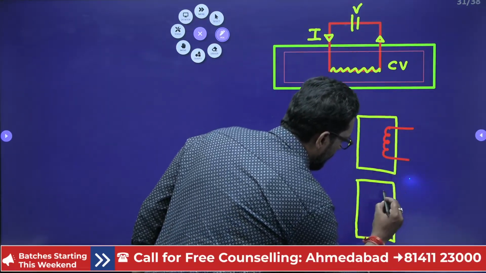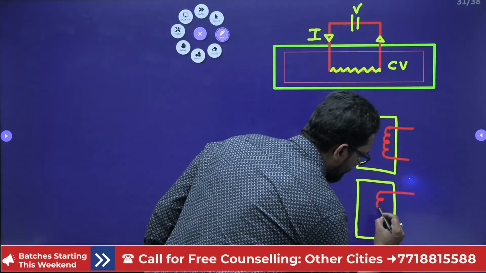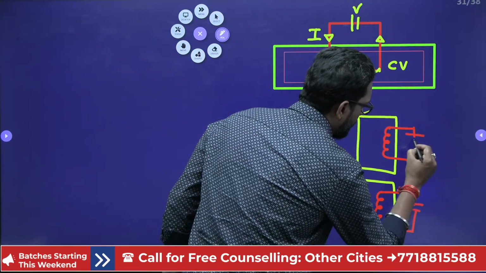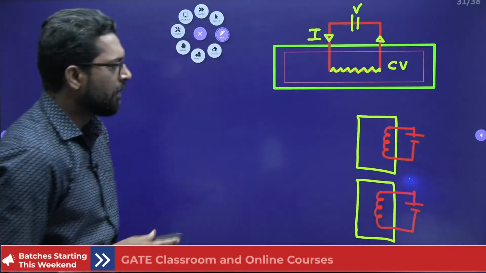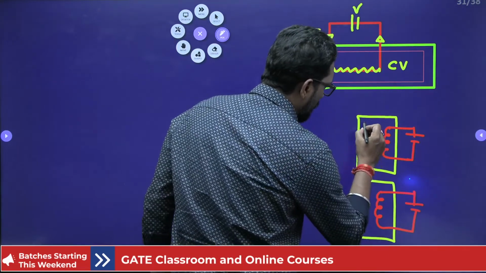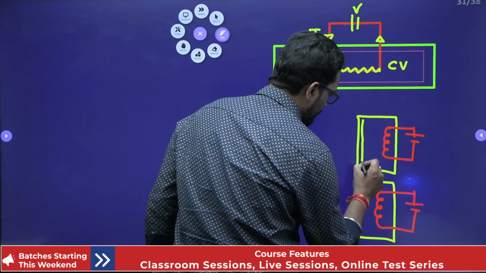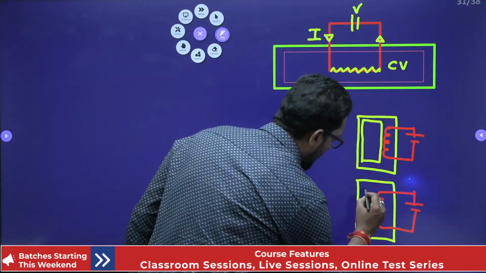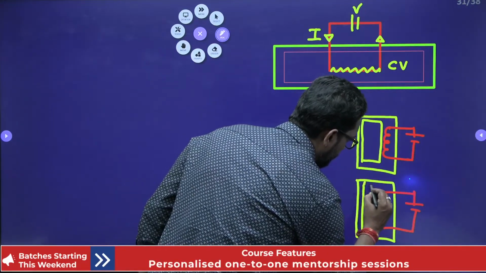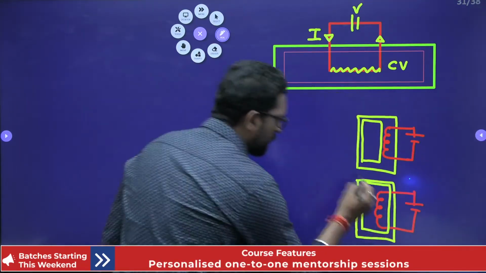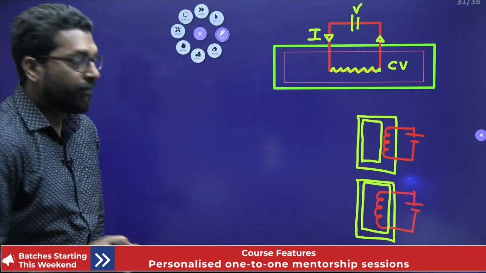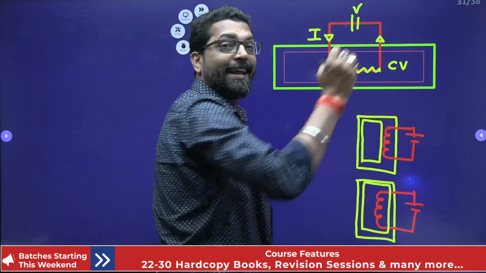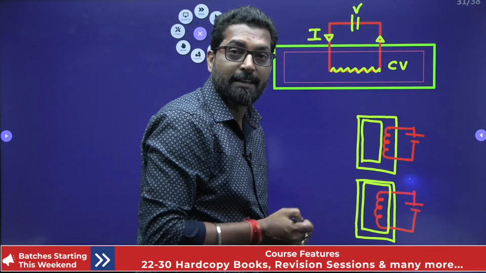Suppose this is our control volume, the system. These two are different. If we take this as our system, that means we disregard the electrical heater as a part of the system.